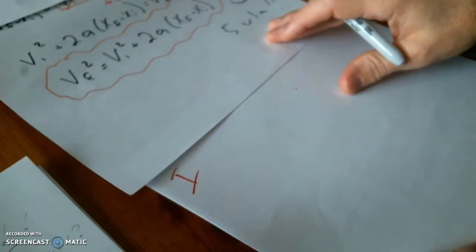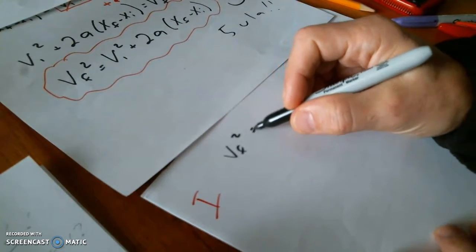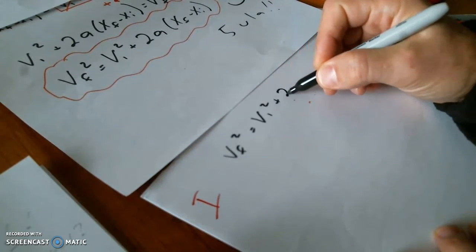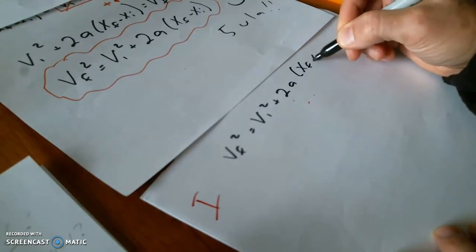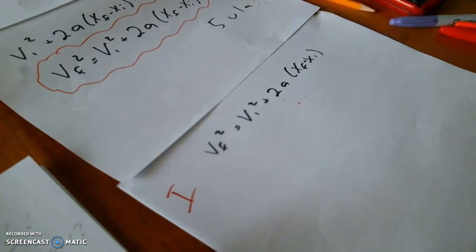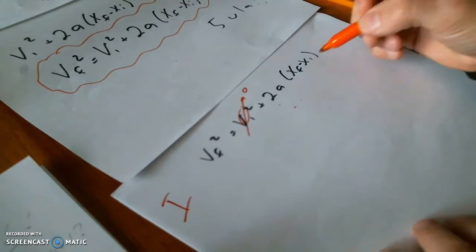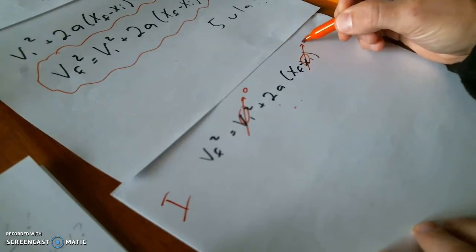Well, we're obviously using the fifth equation, which is the one I just showed you. It is VF squared is equal to VI squared plus 2A XF minus XI. Okay? Now, what will immediately die? We know the initial velocity was 0, and our initial position on the X was 0.